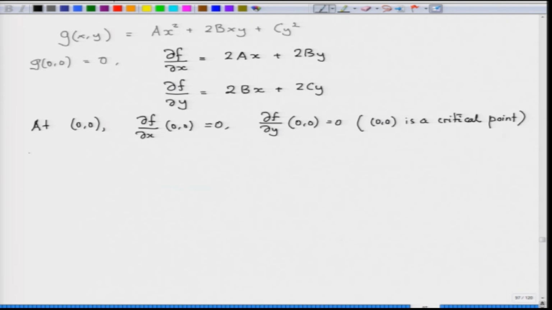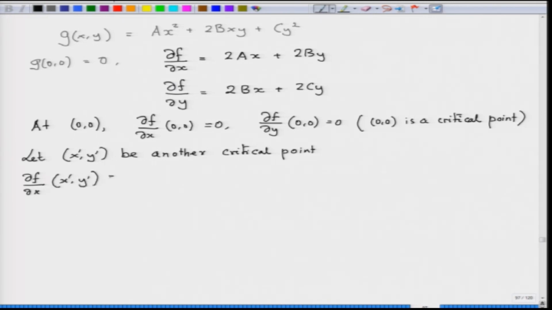Now, let x dash y dash be another critical point, that is, the partial derivatives vanish at x dash y dash. Del f del x at x dash y dash must be 0.